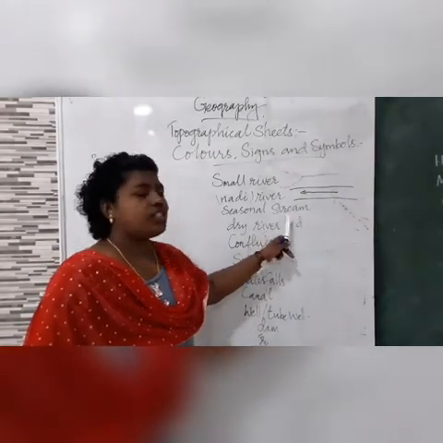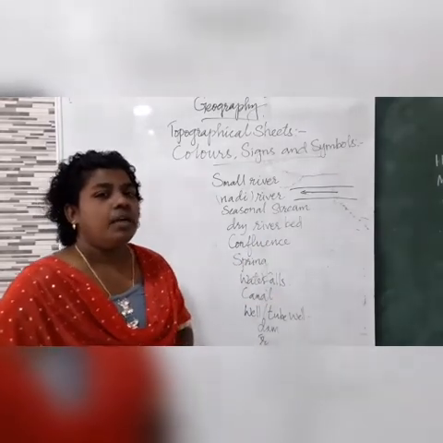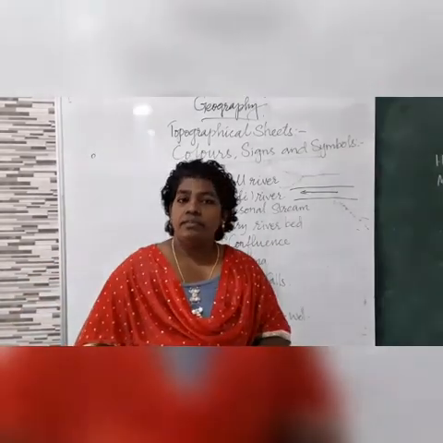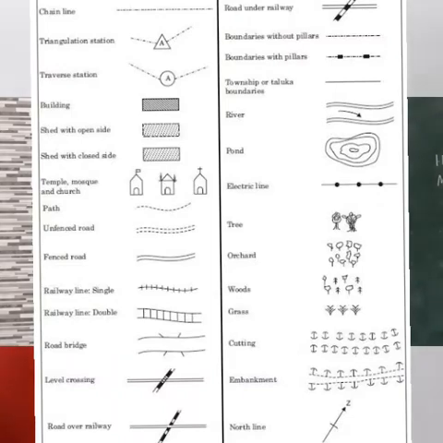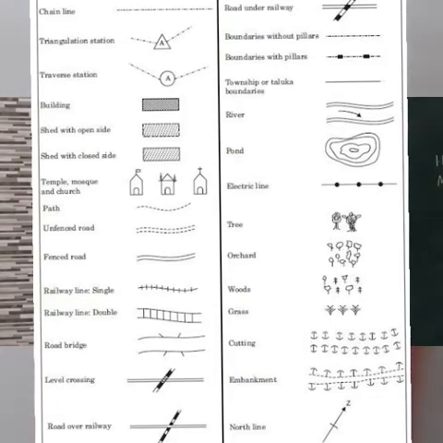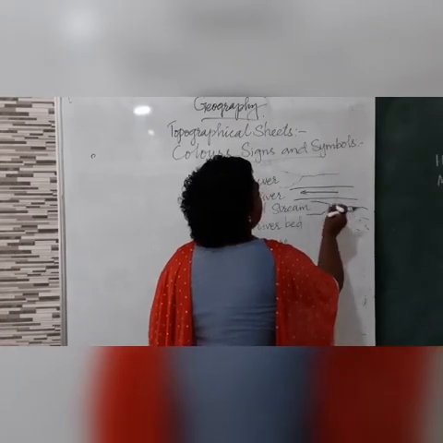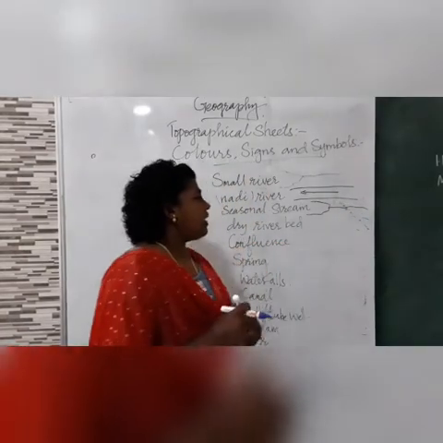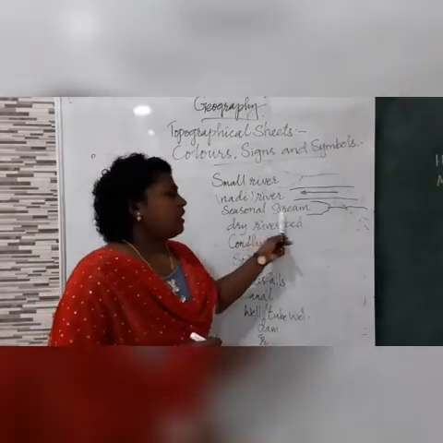And seasonal stream: there we cannot find water throughout the year, because it is seasonal. Only during the rainy season we can find water. So the stream is drawn with blue color. If the symbol is like this, you have to understand it is a seasonal river.